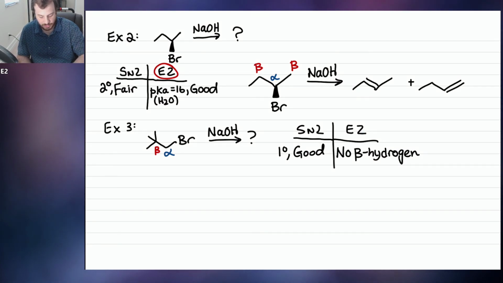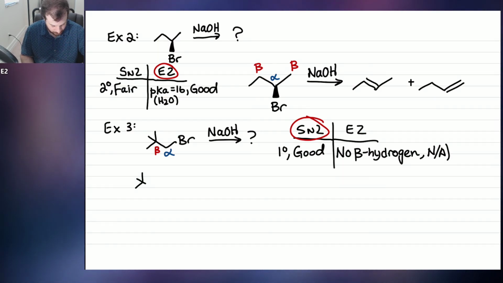So that means the E2 column is actually NA, not applicable. Okay, so the winner, good is better than not applicable by a long shot, so SN2 wins. So our product will be as follows. We'll just replace our bromine with OH. Sweet.